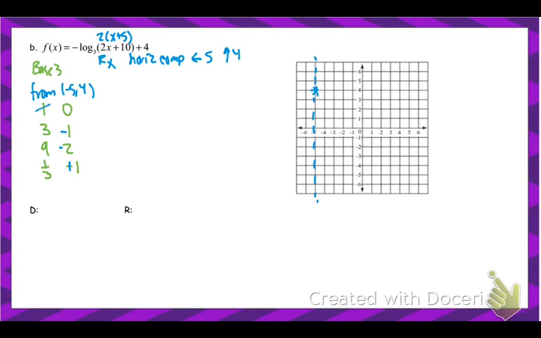So this would become 1/2, 3/2, 9/2, and 1/6. So from that new origin, over a half and up 0, I'll make it a different color so it's a little easier to see. It's going to be pretty close to that point. Over 1.5 and down 1.